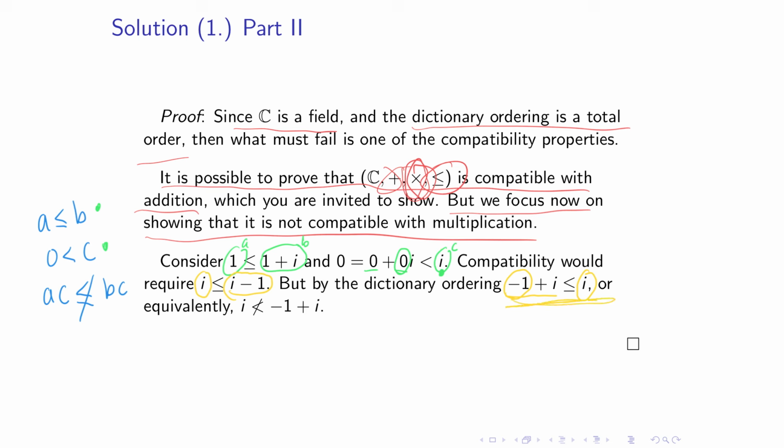And so, in fact, this is the ordering according to the dictionary ordering, which is not what we need for compatibility with multiplication. Therefore, compatibility with multiplication fails. Therefore, the complex numbers with the dictionary ordering is not an ordered field. Proof complete.